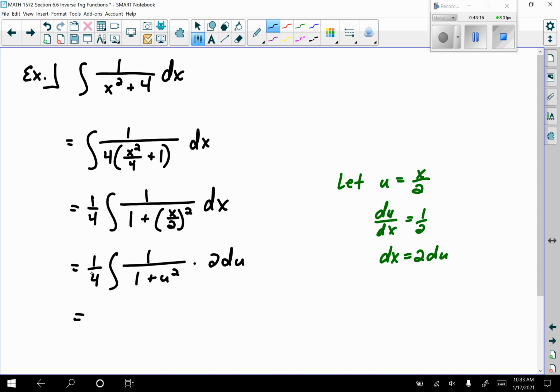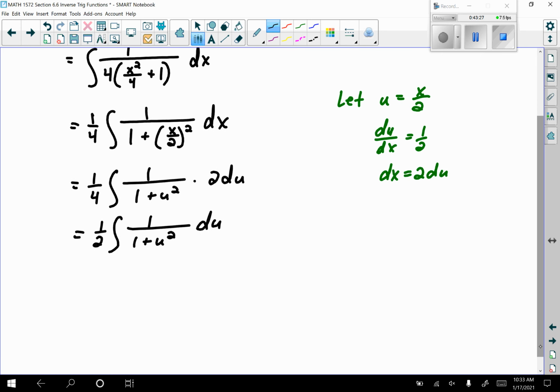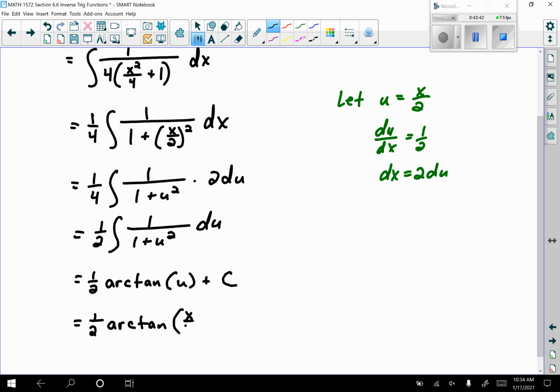So I'll bring that 2 out, so the 2/4 will just give me a 1/2. And now the antiderivative here is the arctangent. So we get 1/2 times arctangent of u plus c. And then we'll just bring back in the x over 2. So 1/2 times arctangent of x over 2 plus c.